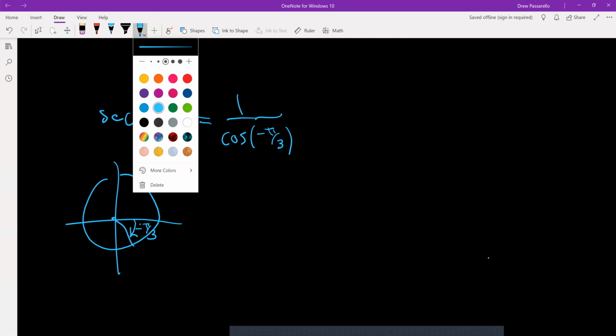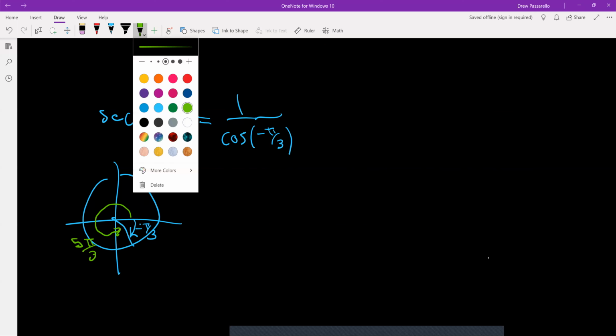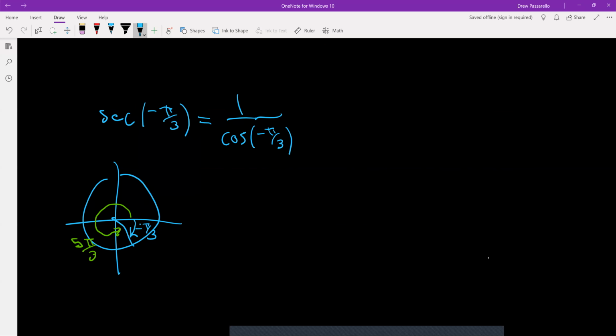Going in the normal direction, counterclockwise, that's 5 pi over 3. So this is really 1 over cosine of 5 pi over 3.